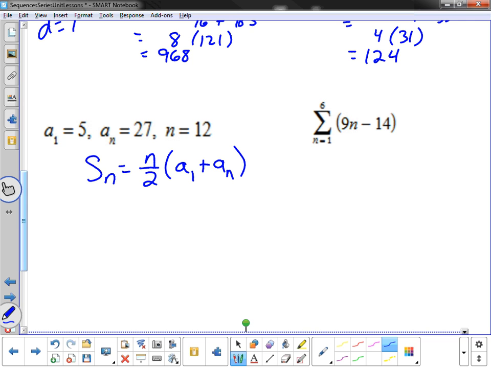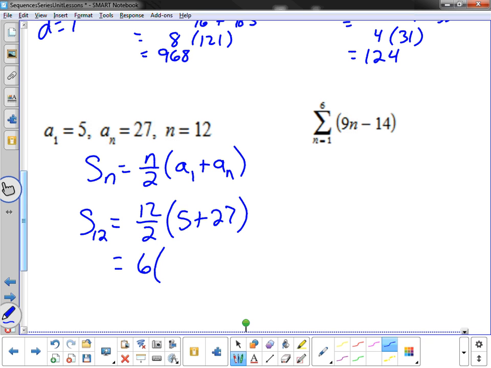All we got to do is plug right into that. So S sub 12 is 12 over 2 times 5 plus 27. So 6 times 32, since 5 plus 27 is 32. So I get 192. That's my sum. So I could start at 5 and keep adding the common difference, or figure out what that common difference is and keep adding them up.